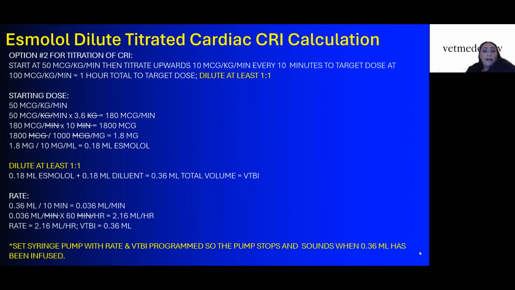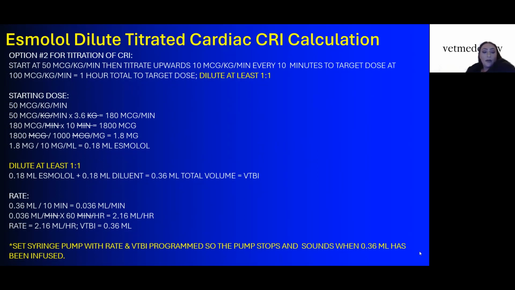So 50 mics per kg per minute times 3.6 kgs, 180 mics a minute. 180 mics a minute times 10 minutes, 1800 mics. 1800 mics divided by 1000 mics per mg equals 1.8 mgs. 1.8 mgs divided by 10 mgs per mL equals 0.18 mLs esmolol.